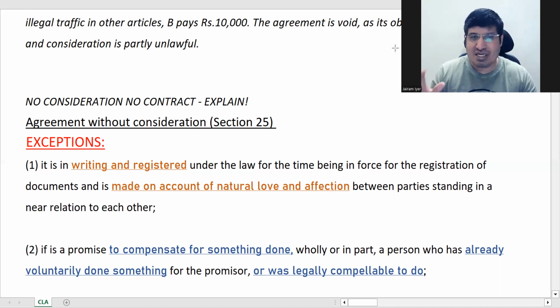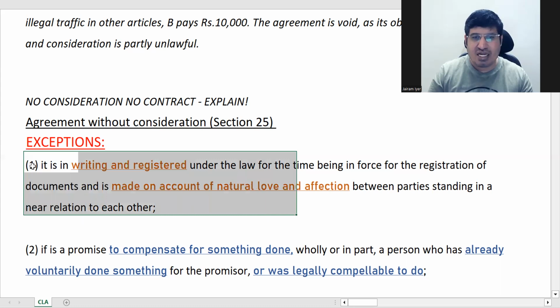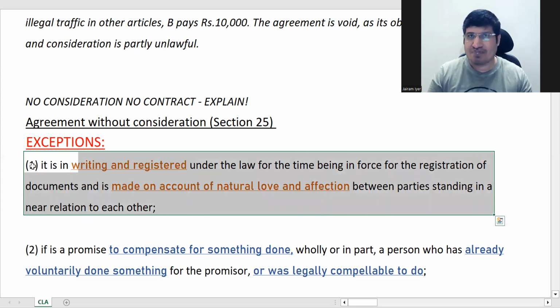In everything there will be some exception or the other. So here it has been given specifically. Normally this would be like a social thing, but this will be a contract. The son can claim it from the father if he has made it in writing and registered it.